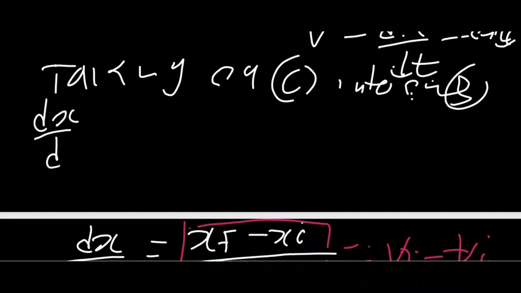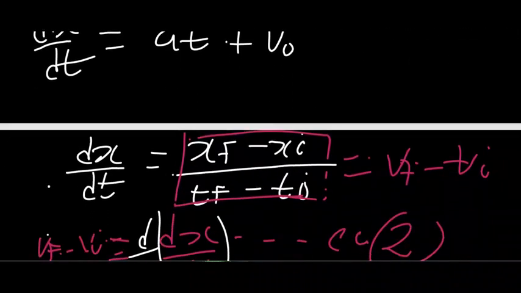We're going to have dx dt being equal to At plus V naught.